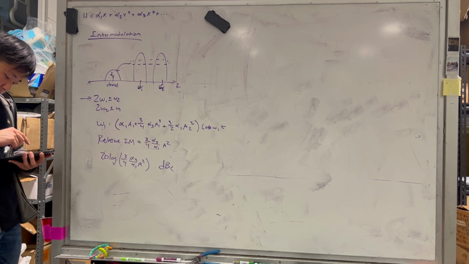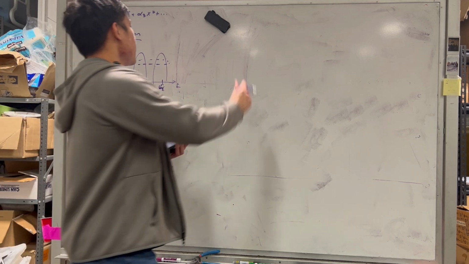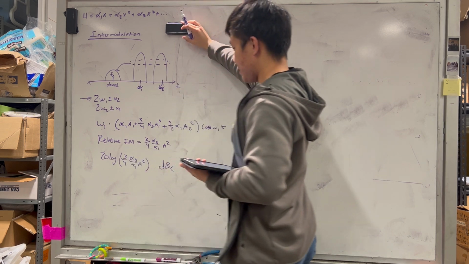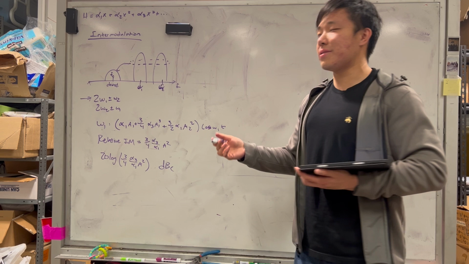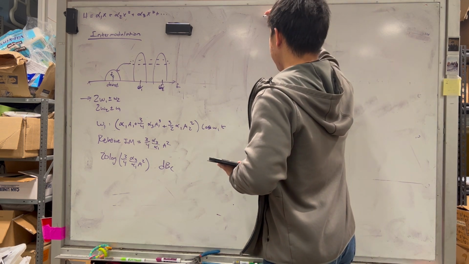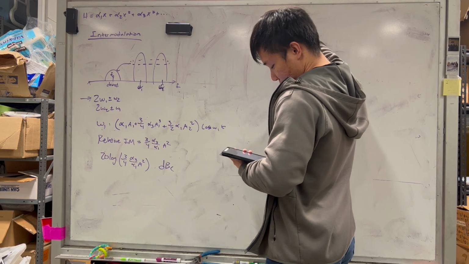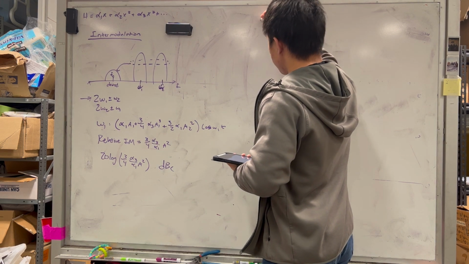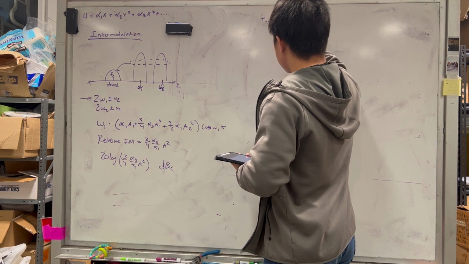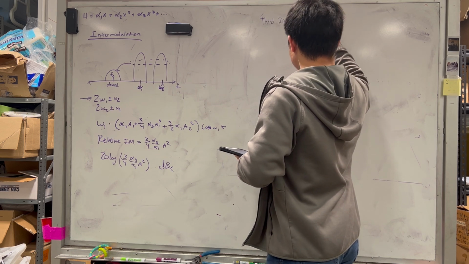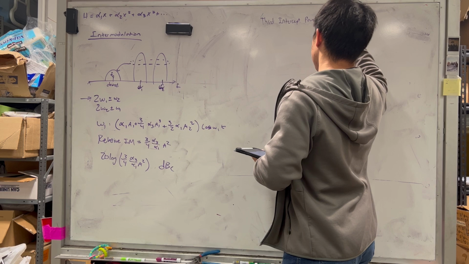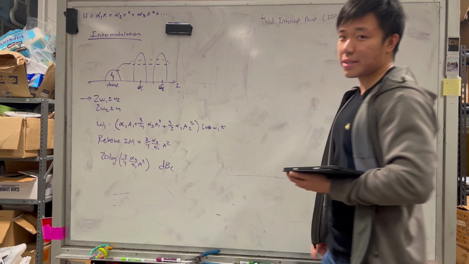Cool. So now there is another figure of merit that we use a lot, and you've probably seen this term being tossed around, and it's called the third intercept point, also known as the IIP3 point.